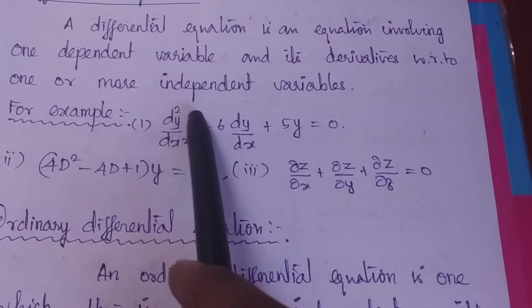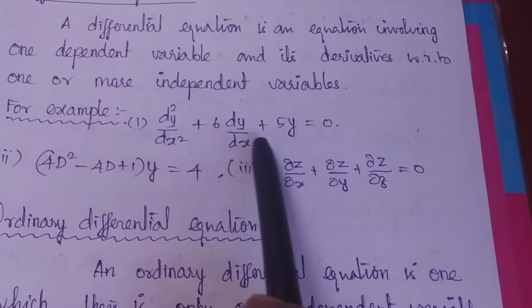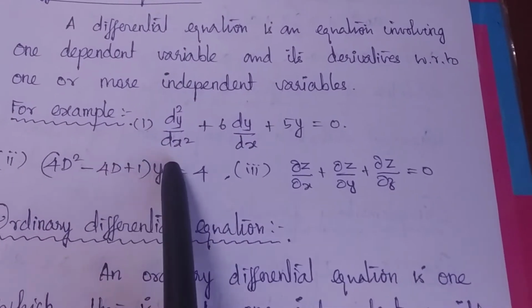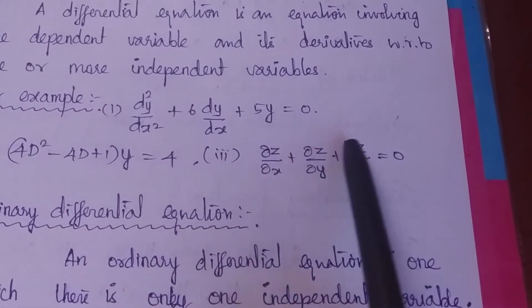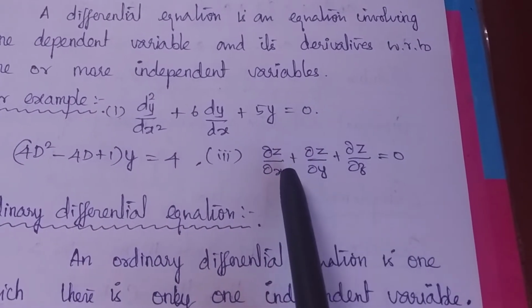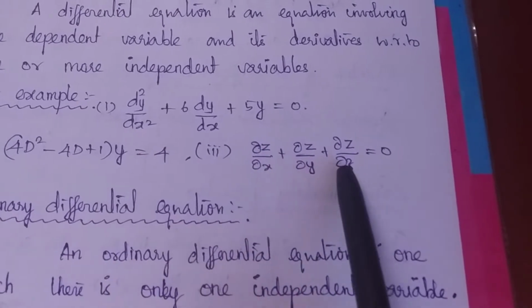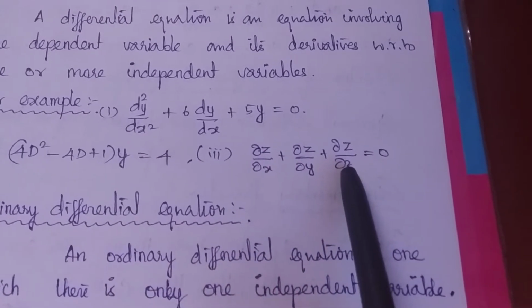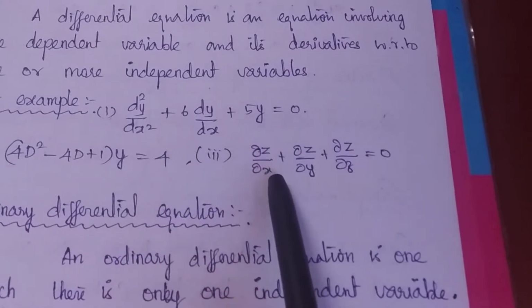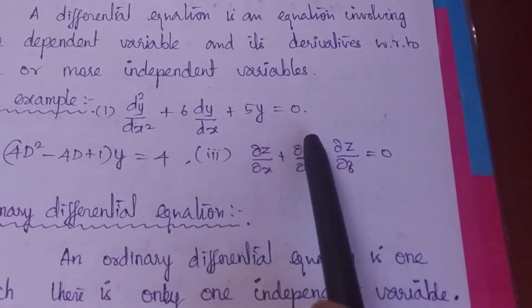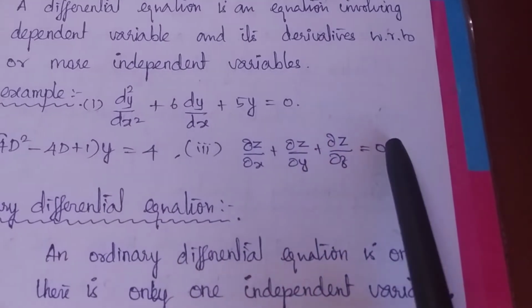Here y is a dependent variable, x is an independent variable. But here z is a dependent variable, and there are three independent variables. dz by dx, dou z by dou x, dou z by dou y, dou z by dou z equal to 0.